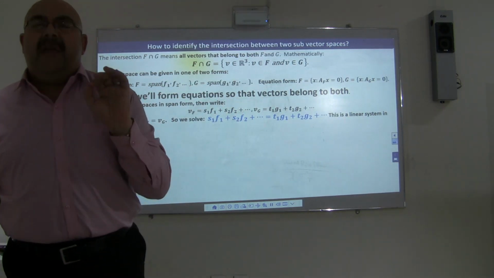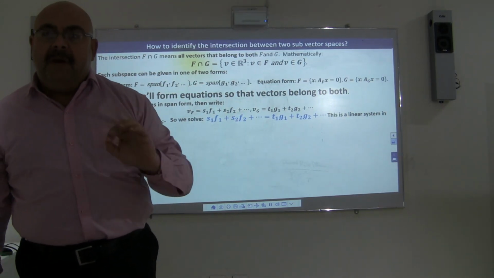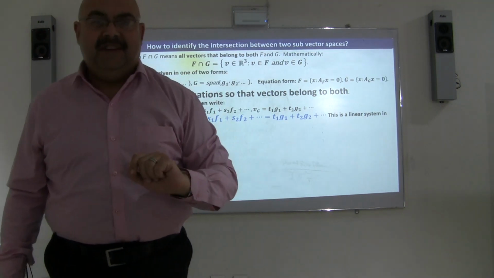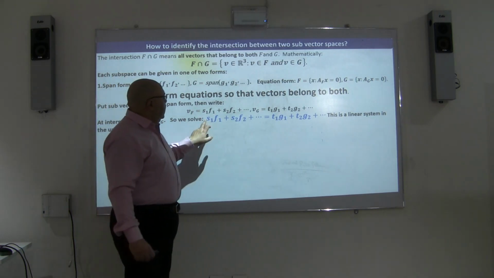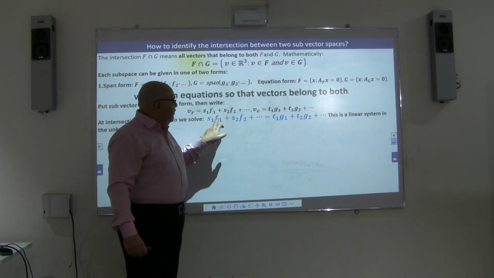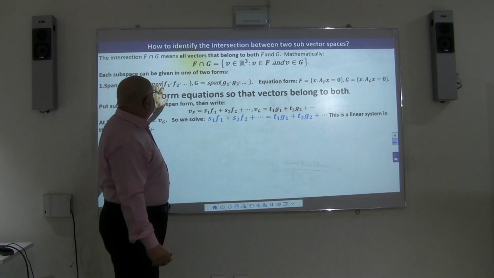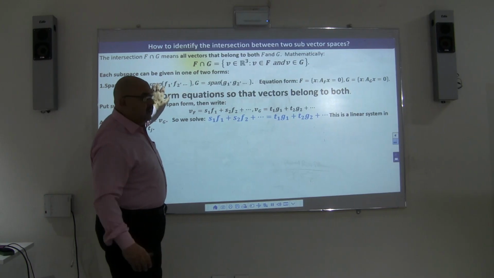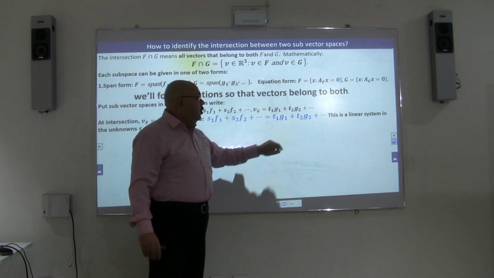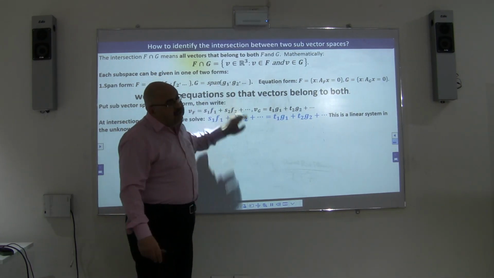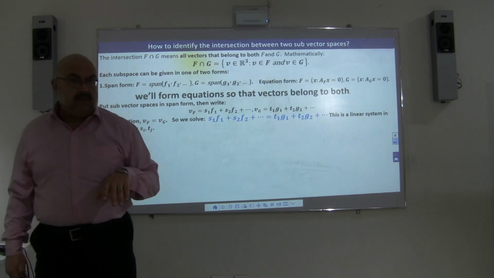So I would equate both linear combinations from the two different bases. This is the main equation. So simply I will get s1 times f1 plus s2 times f2, the span of the first set, equal to t1 g1 plus t2 g2, the constants times the span of the second set.